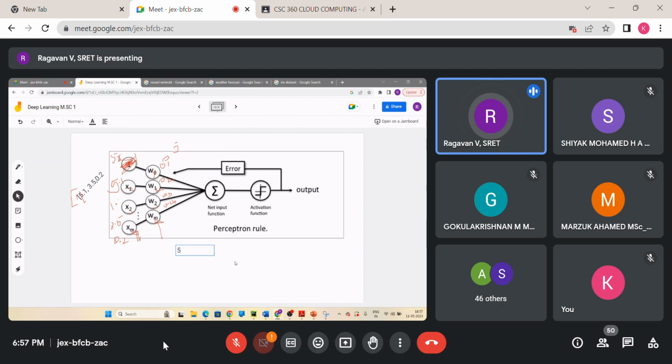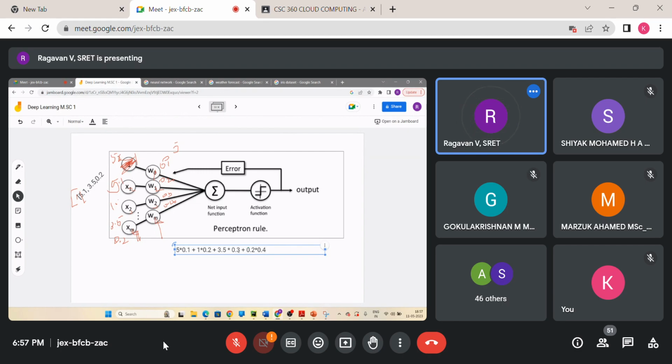5 is multiplied with 0.1 plus, and this second value 1 multiplied with 0.2 plus third value 3.5 is multiplied with 0.3 plus 0.2 fourth input value is multiplied with 0.4.